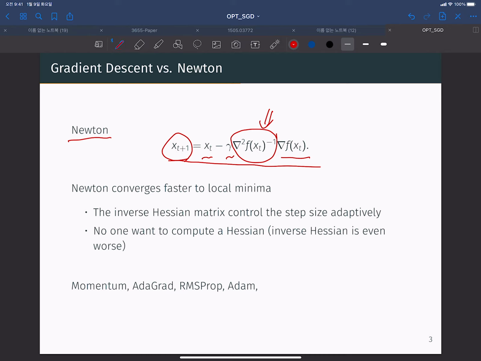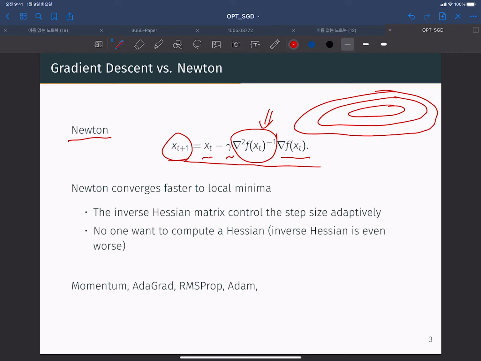When you multiply this inverse Hessian matrix, the contour of your loss surface becomes very regularized.